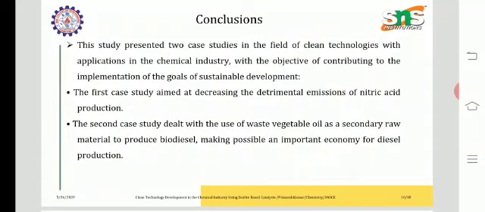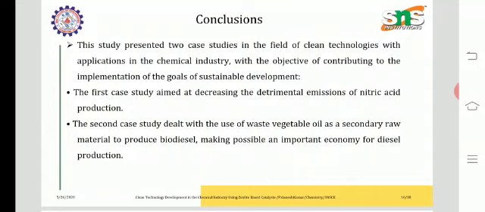So this study represented two cases in favor of clean technology with application in chemical industries, with an objective of contributing to implementation of the goals of sustainable development. One is that it aimed to decrease the detrimental emissions of nitric acid production.